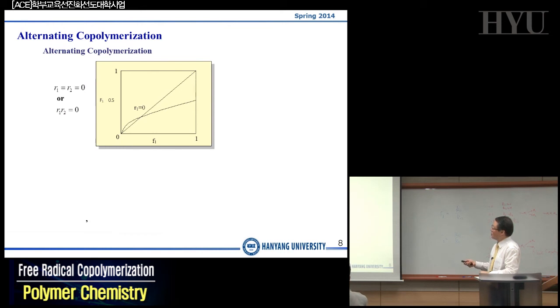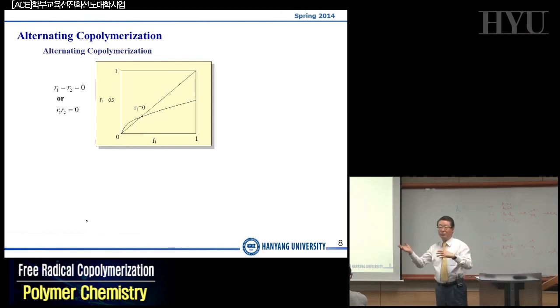Even if you increase small f1 to 100%, your final copolymer will come up with 50% of monomer 1, and the rest will be the second monomer. That's what they call the alternating copolymer system, because if you think about alternating copolymers, you have M1 and M2 and M1 and M2, and the final composition might be 50% M1 and 50% M2, regardless of your reactivities.